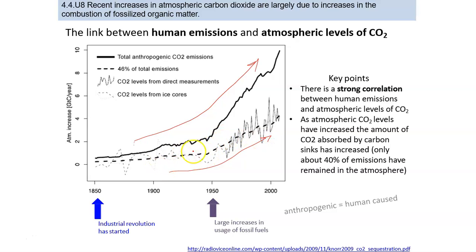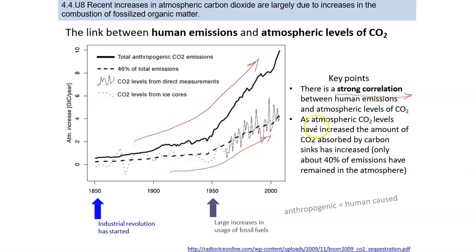This graph shows the carbon dioxide levels from direct measurement, and this dash shows the carbon dioxide levels from ice cores. Again, you will see a similar pattern between this graph and the emission. So the key point is there is a strong correlation between human emissions and atmospheric levels of CO2.